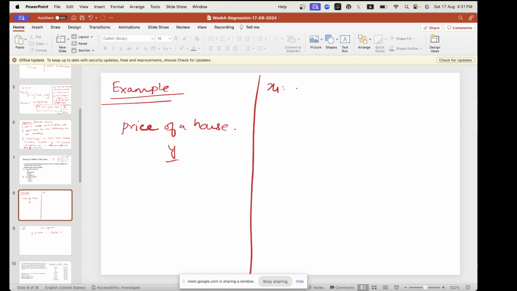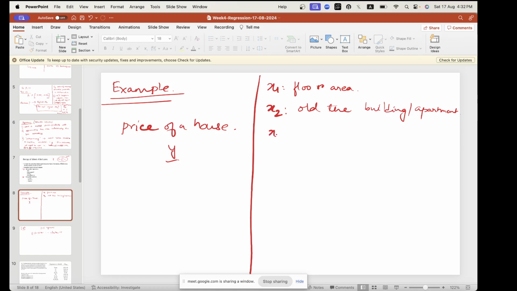X1 could be your floor area. X2 could be how old the building or apartment is.